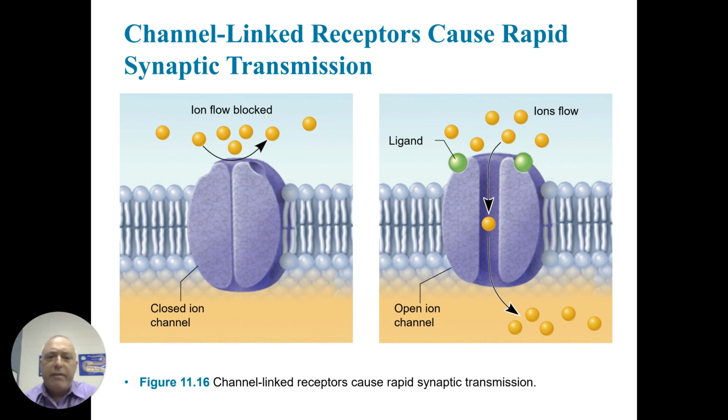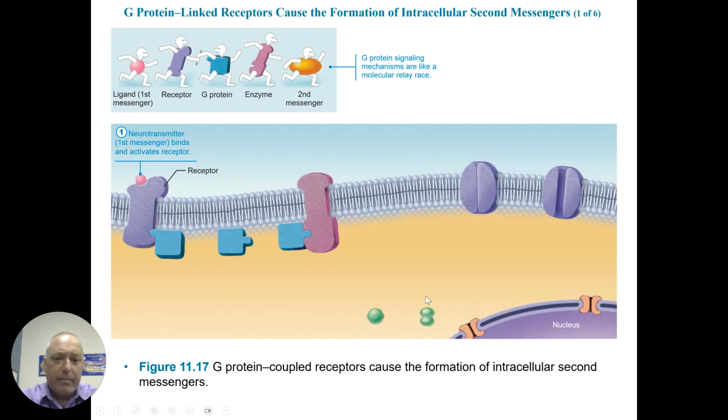The different types of receptors cause rapid synaptic transmission. So we'll take a look at the different proteins that are opened, usually ligand gated, which would be maybe a neurotransmitter that will open up this channel.